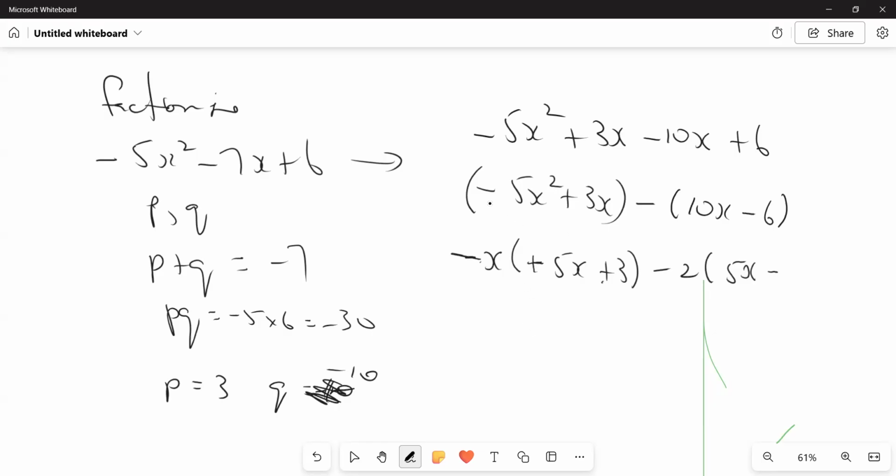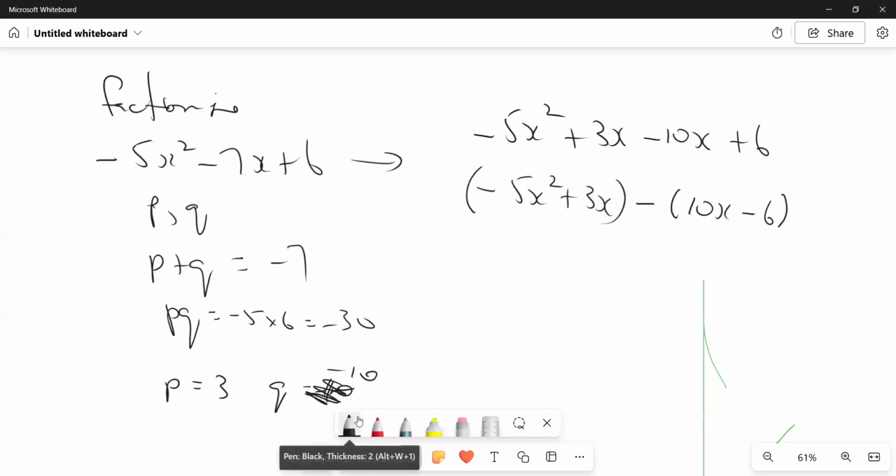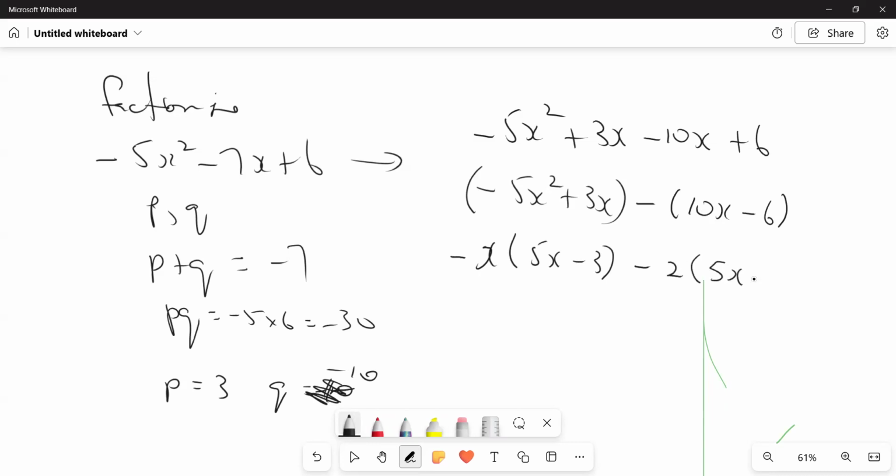So let's do that. If you take out minus x here, let me erase that. You will get 5x minus 3. And if I take out here minus 2, I'll get 5x minus 3, right? Oh, I see what's happening here.